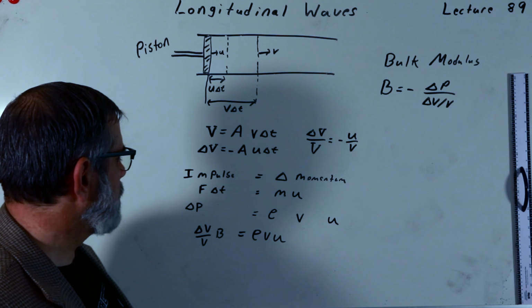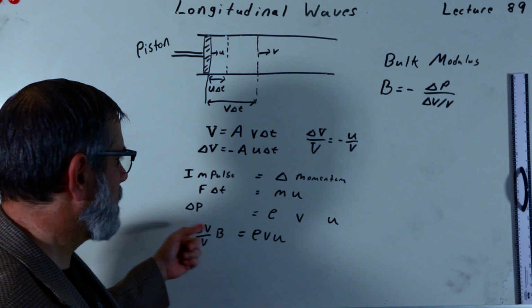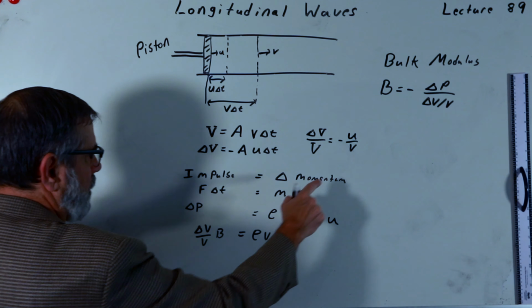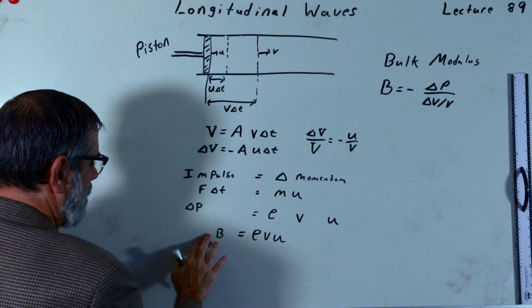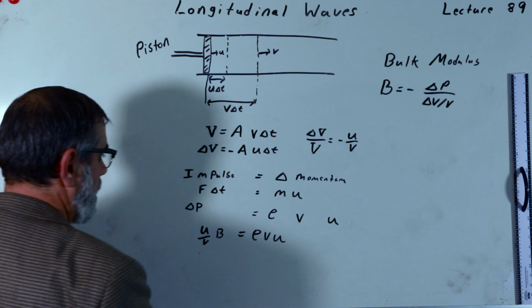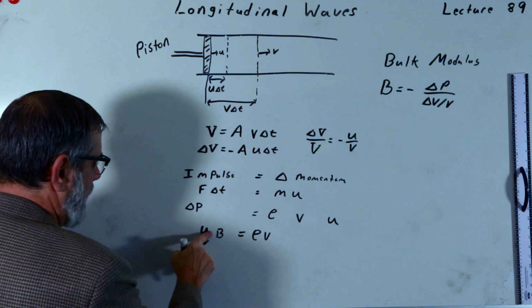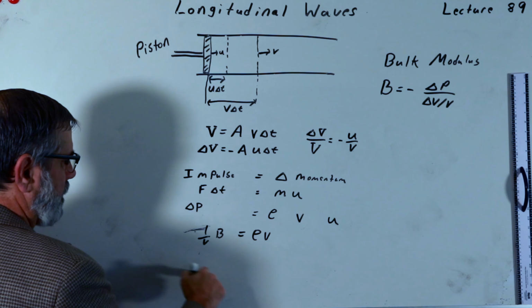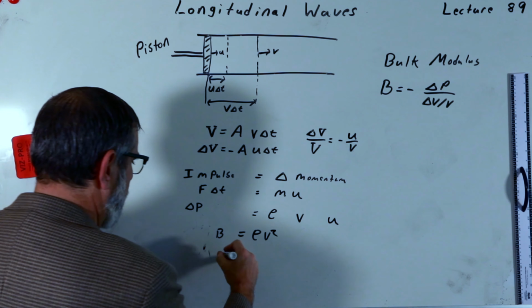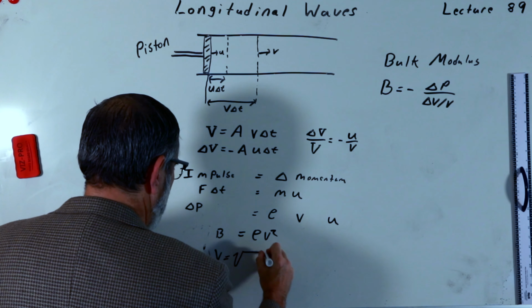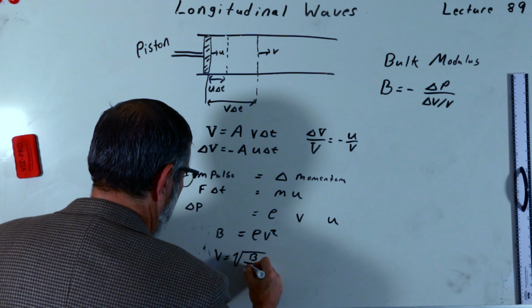That's this minus u over v term, which would, of course, take care of our signs from here. But we're ignoring that. So let's replace delta V over V with this relationship, u over v. The u's will cancel just like they did in the last example. That's 1 over v. We can cross multiply by the velocity, which gives me the velocity squared on this side. We can solve for it, and we'll get that v is equal to the square root of the bulk modulus divided by rho.